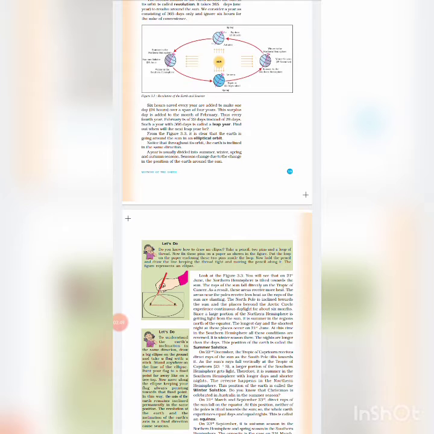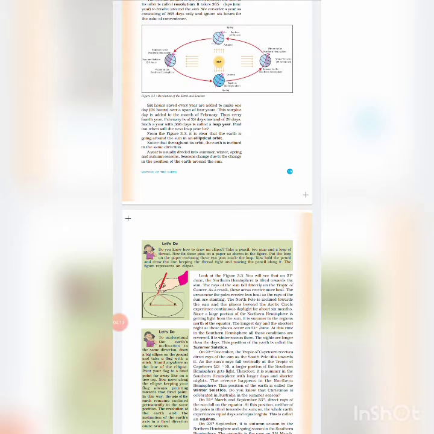The earth receives light from the sun, and due to its spherical shape, only half of it gets light from the sun at a time. The portion facing the sun experiences day, while the other half away from the sun experiences night.